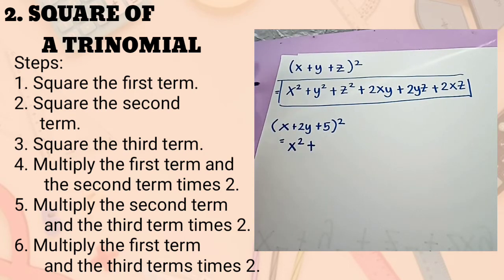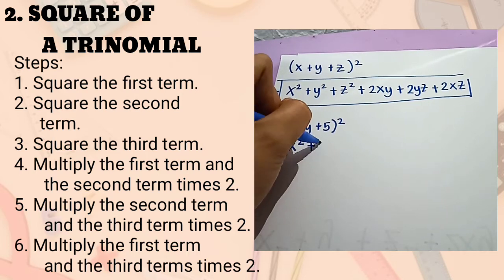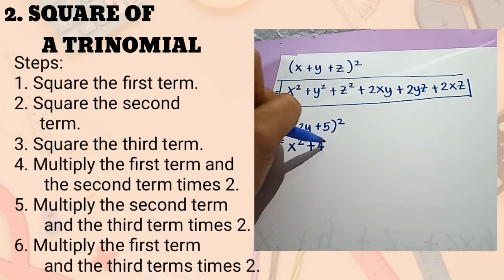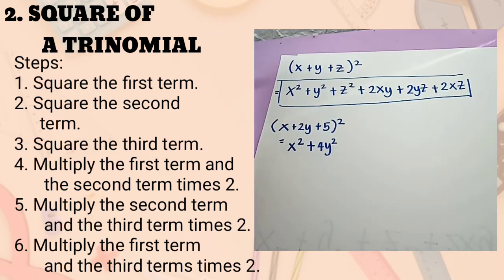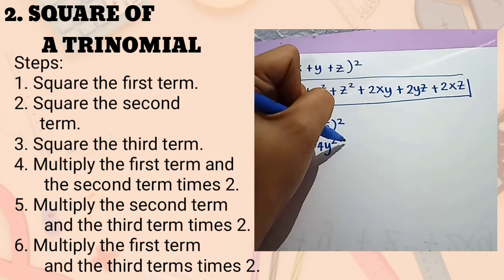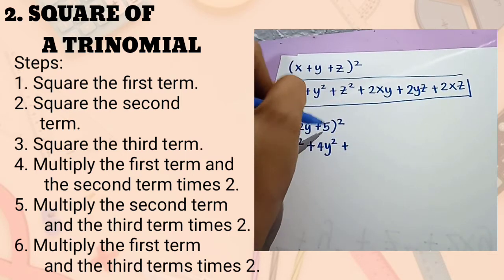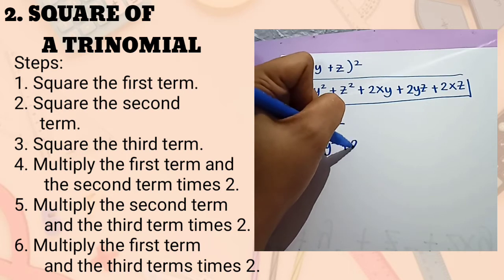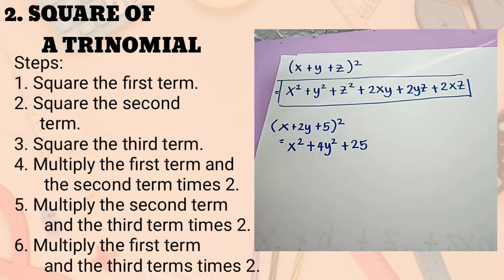Pangalawa, square natin yung second term. So, 2y squared. Kaya magiging 2 times 2 ay equals to 4y squared. Third step, square naman natin yung third term, which is 5. So, plus 5 times 5 ay equals to 25.